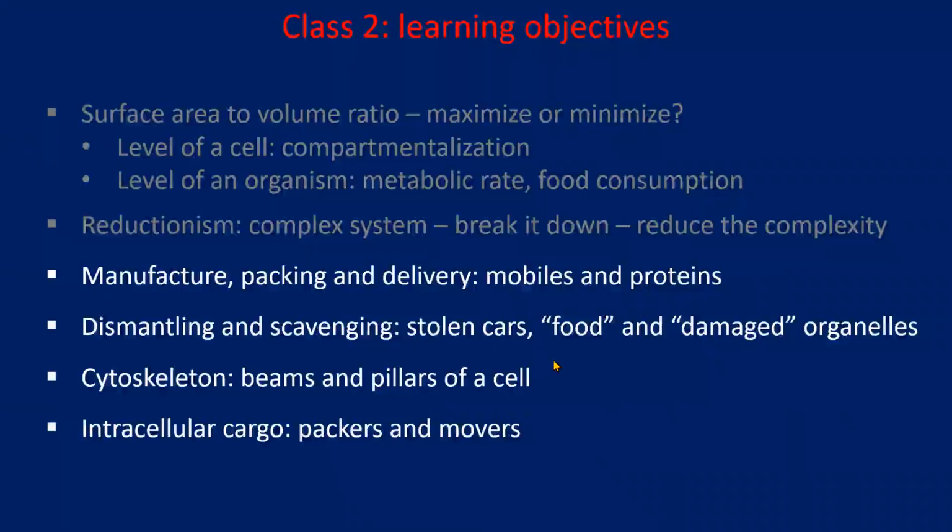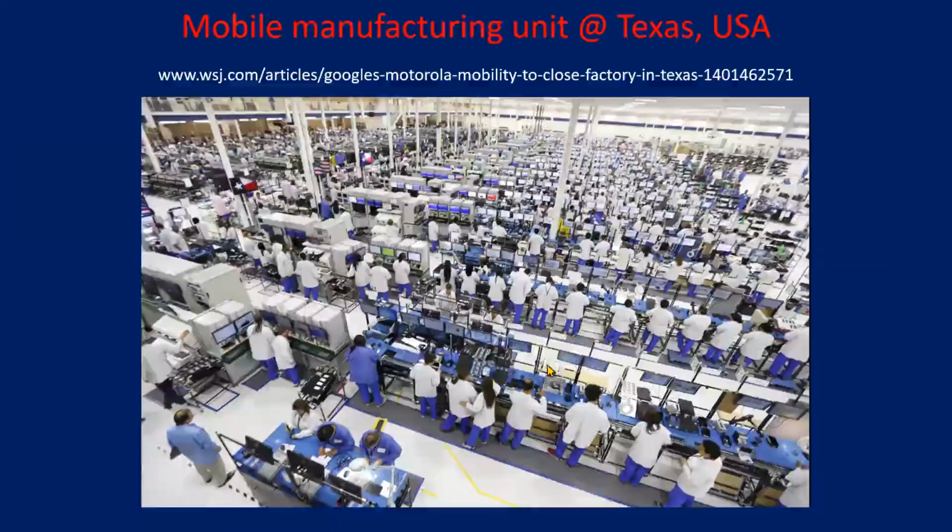So here again, I'm just going to give you an analogy. When you think about this, this is a mobile manufacturing unit in the USA. You can see there are different lines here, and at each line there may be a specific function.